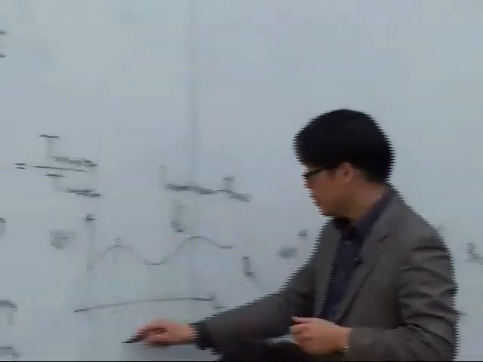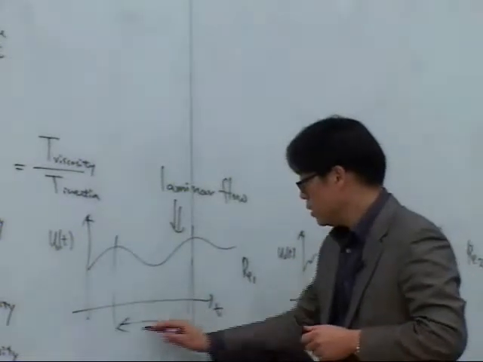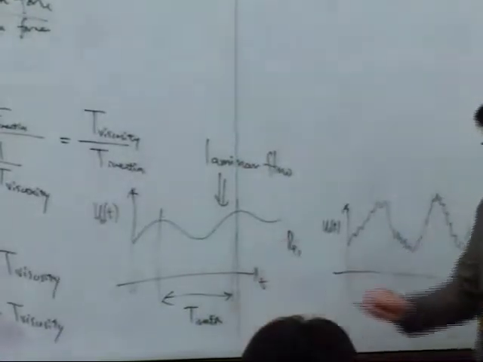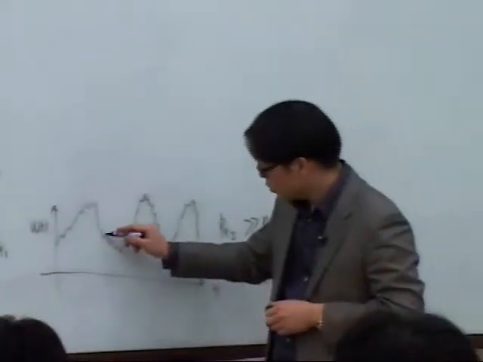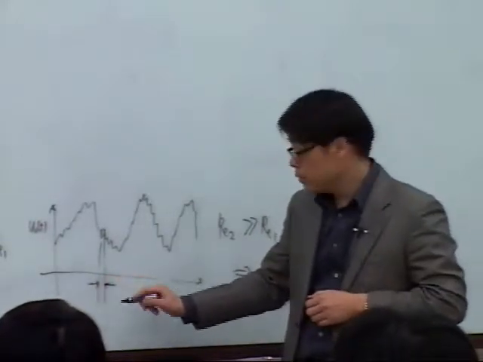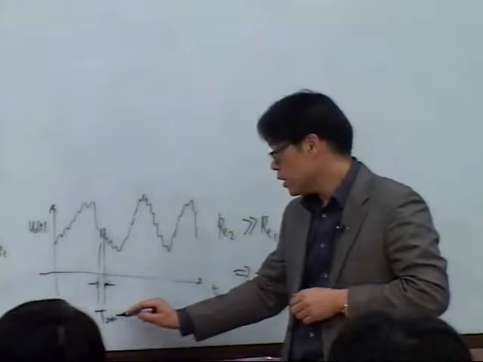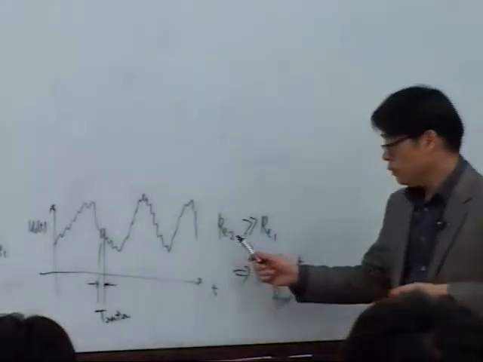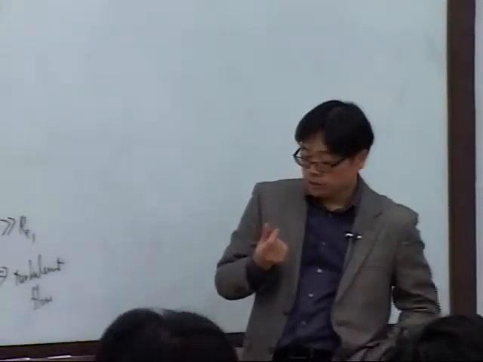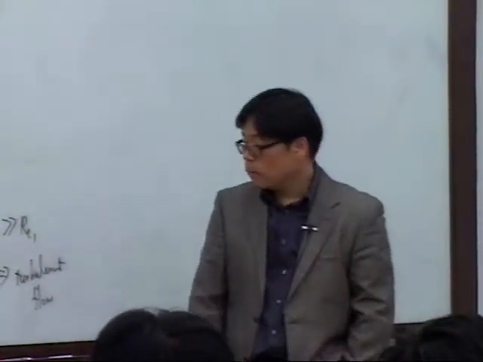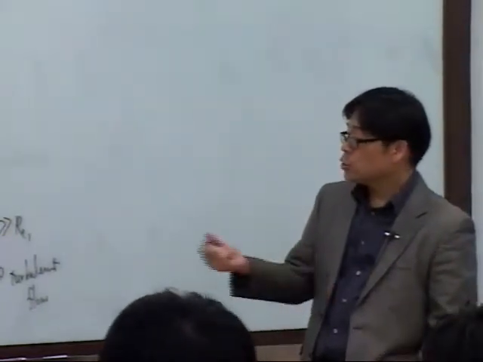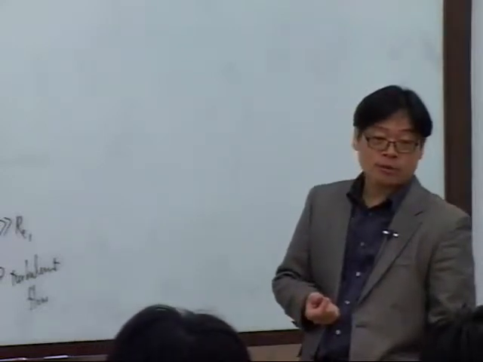So, for example, this is a typical T inertia for this Reynolds number, but in this case, the oscillation occurs on this time. So this is T inertia for high Reynolds number. The time associated with the inertial force, or inertia, is much shorter when you have a high Reynolds number flow.